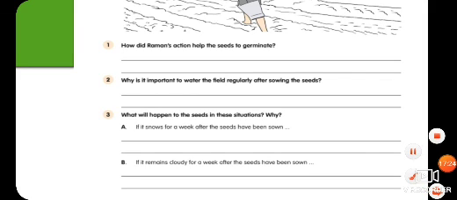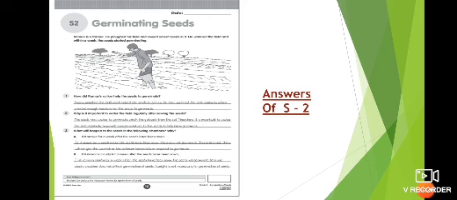So students, over here you can see the answers of worksheet S2, and in the next video we will discuss the stages of germination. Must watch it, and you will come to know about the stages a seed goes through during the process of germination. So till then, bye.